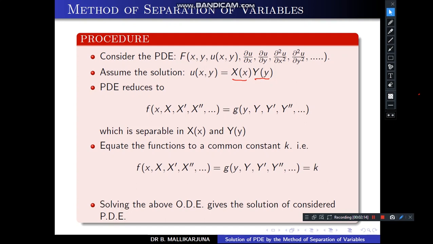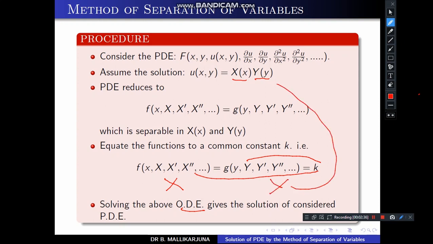Now we solve these two as ordinary differential equations. f is equal to k, we solve separately, and g is equal to k, we solve separately. By f is equal to k you will get X, by g is equal to k you will get Y, and by replacing in u, you will get the required solution of the partial differential equation.